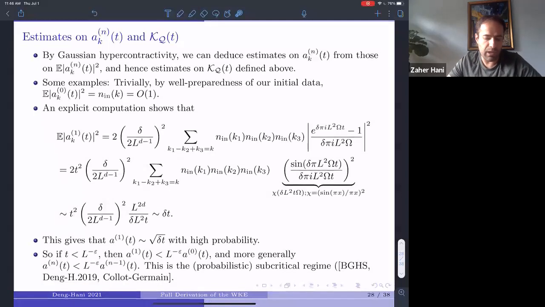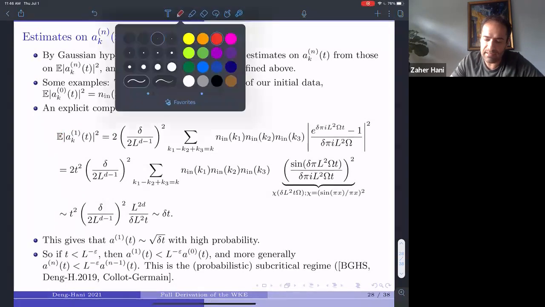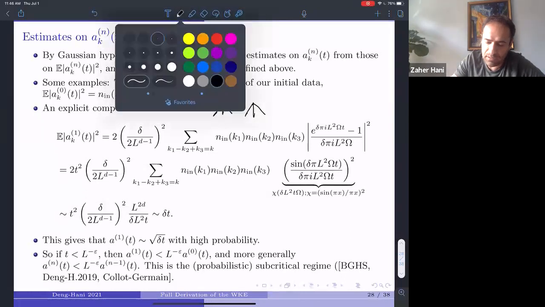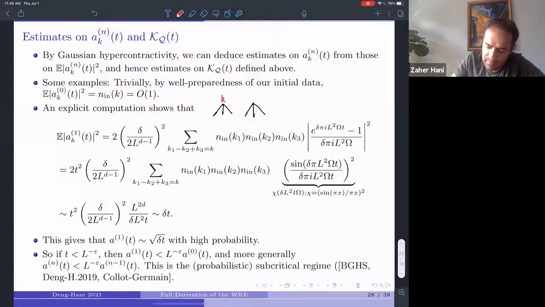Now, we can also directly do an explicit computation for the first iterate squared. So if you do the first iterate squared, this is something that is represented by 2 trees, remember? The first iterate was represented by 1 tree, and if I take its product with its conjugate, then I get a couple, and always the roots of the couple are decorated by k.